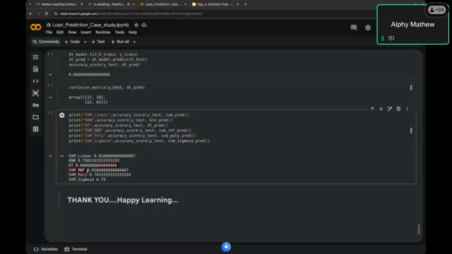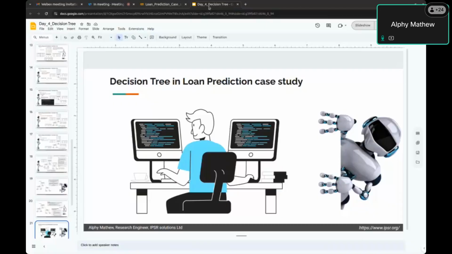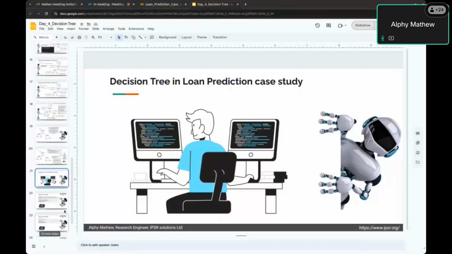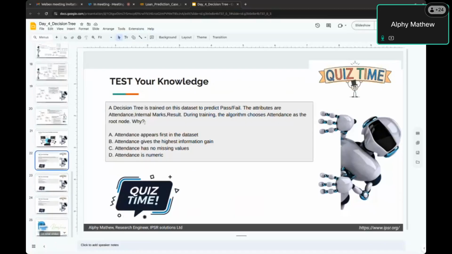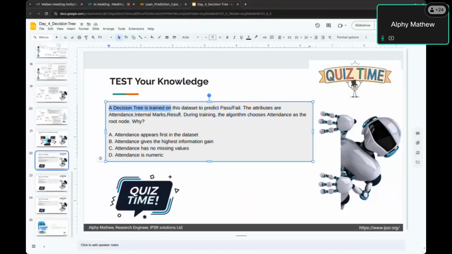Now we can have a quick knowledge check as we do every day. We have only three questions. First question: a decision tree is trained on a data set to predict pass or fail. I will put it in the chat.